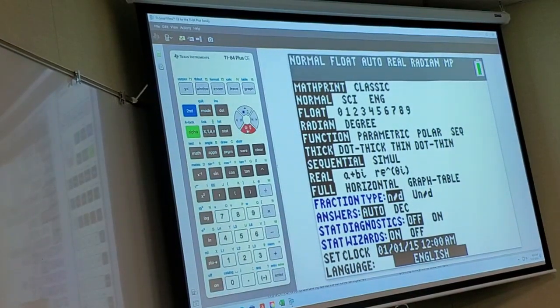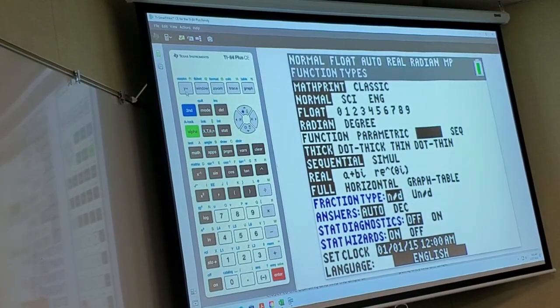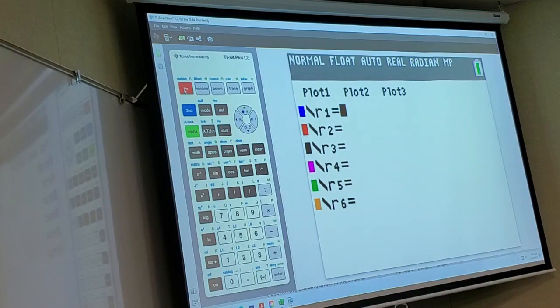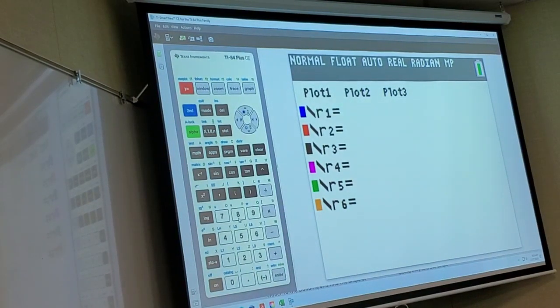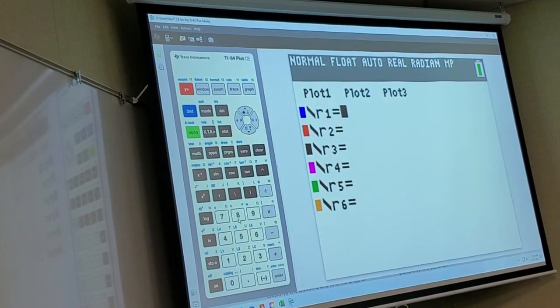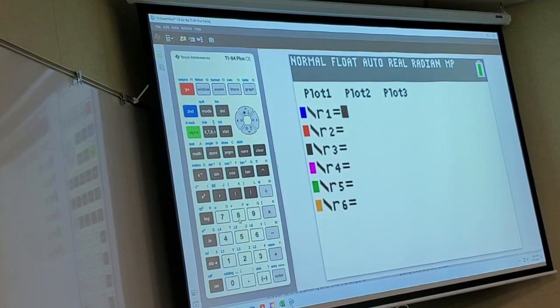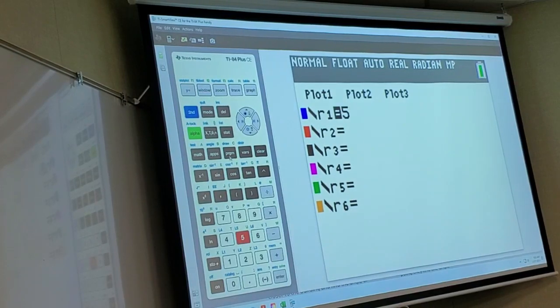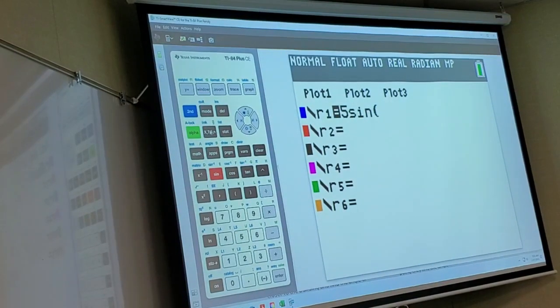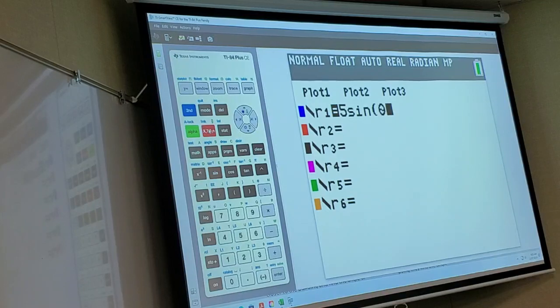If you go down to polar, now when you hit y equals, let's put in the equation we were just working on. Let's do r equals 5 sine theta. So r equals 5 sine, and now when you hit this button, it's going to be a theta.